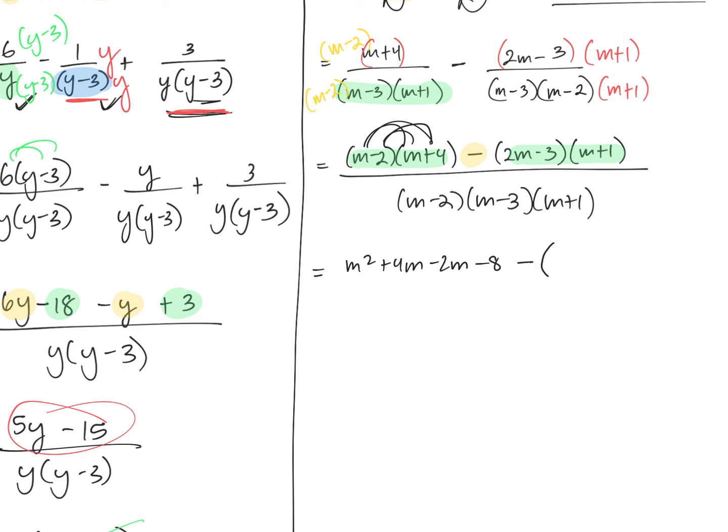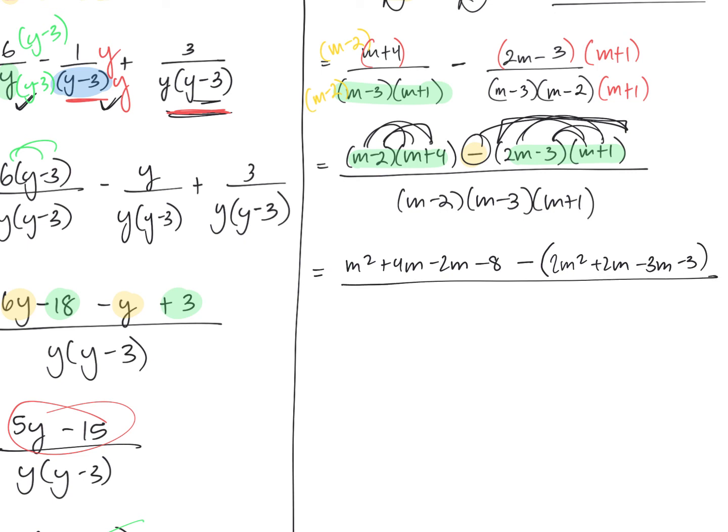We need the parentheses, because that subtraction is supposed to apply to all of these guys. A lot of students make mistakes on this step. So first we'll get 2m squared, outside we'll get 2m, inside we'll get negative 3m, and last we'll get negative 3, divided by m minus 2 times m minus 3 times m plus 1.